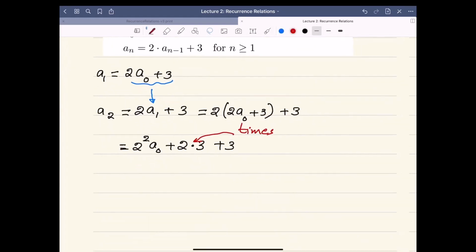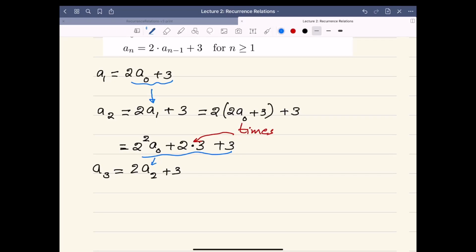Next, let's find a3. From this equation, n is 3, so it will be 2 a2 plus 3. This is the equation for a2, so we substitute it here.